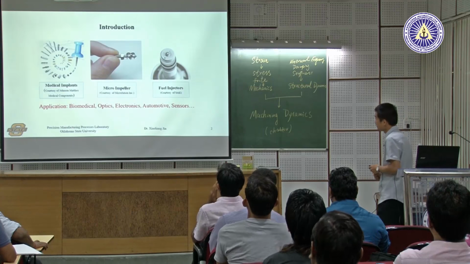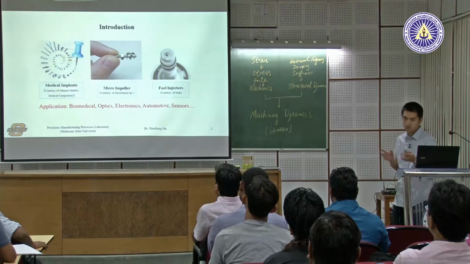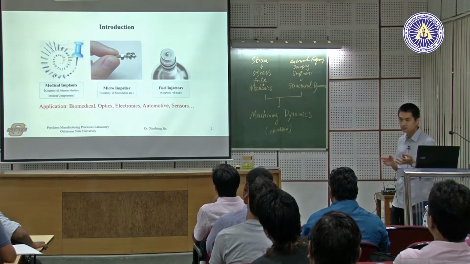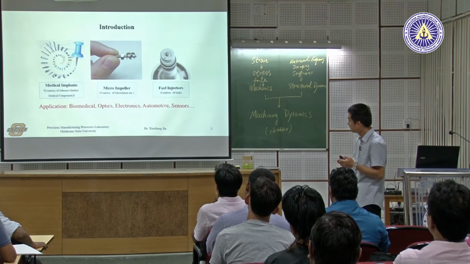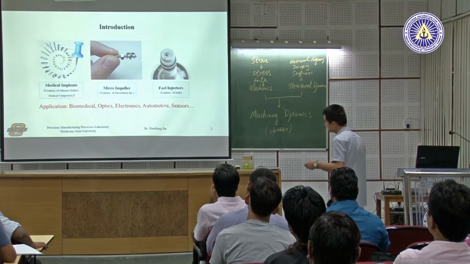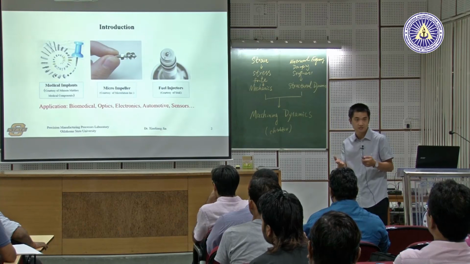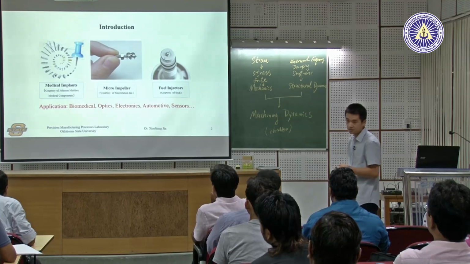Okay, so first, a little bit of introduction. Micromachining, by definition, is mainly used to make micro parts, right? Some applications are biomedical, optics, and electronics, such as sensors, or for the automotive industry.